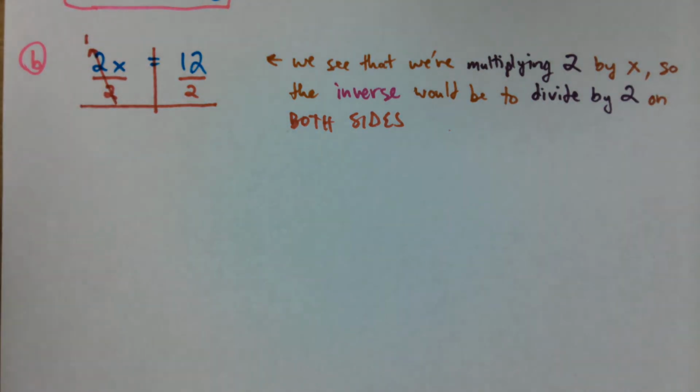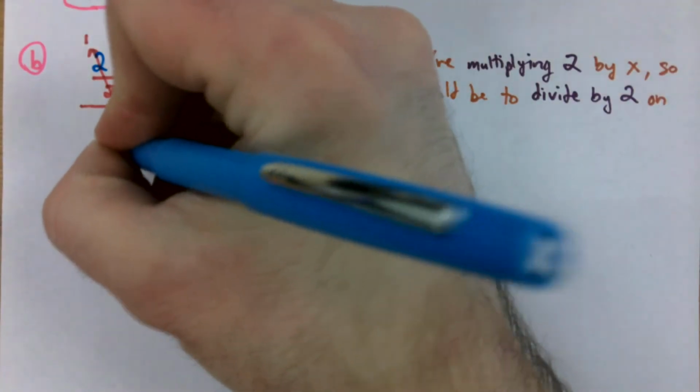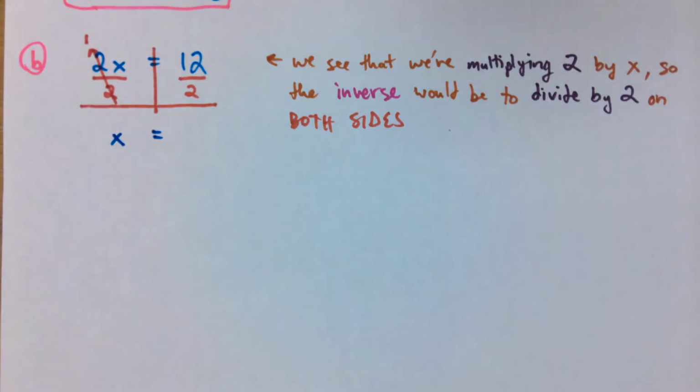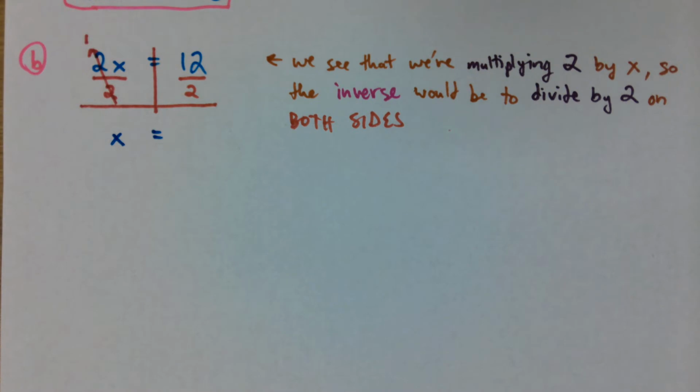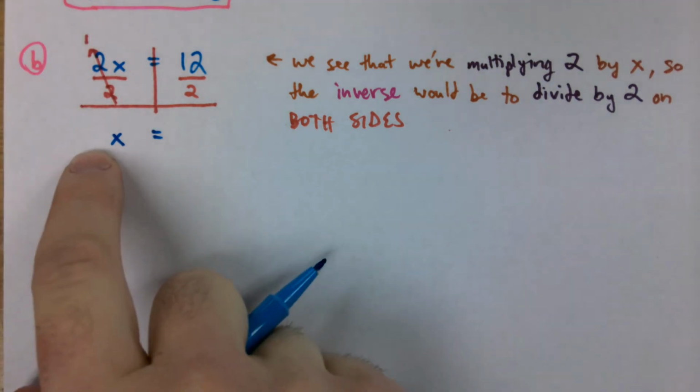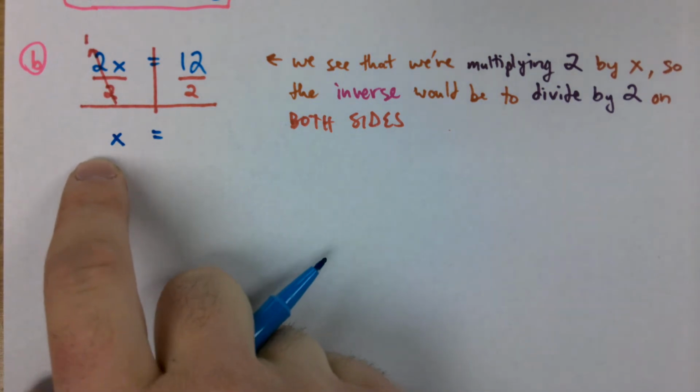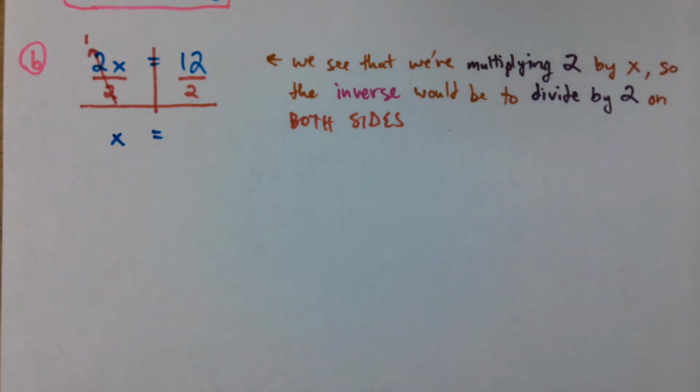So we're going to rewrite our x, and we're going to rewrite our equal sign. And what's the coefficient, or what's the number in front of our x here going to be? 1, right? It's just going to be a coefficient of 1.